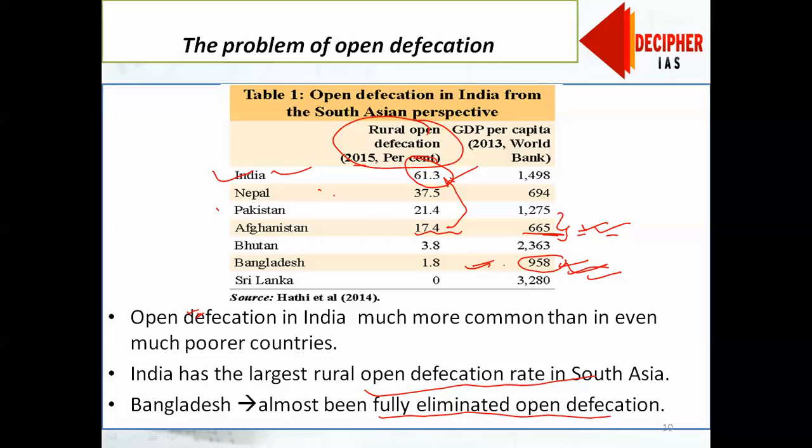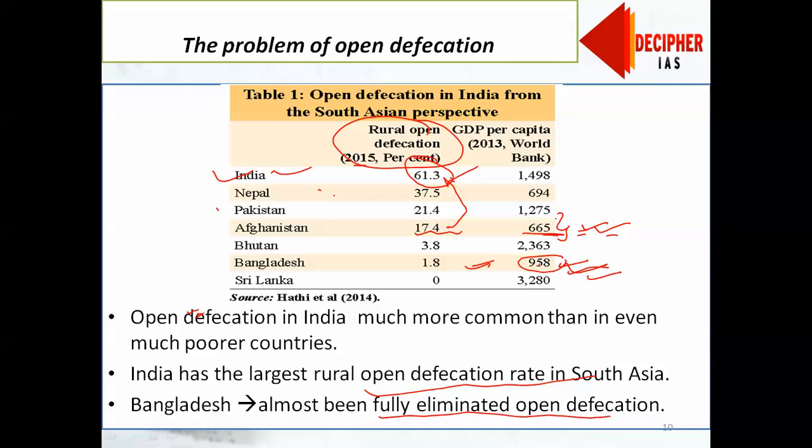You can also consider that Bangladeshi people are actually our own people, in a sense that we were living together not much before. 70 years before, we were a single country. And see how much stride Bangladesh has made in an effort to remove the open defecation menace.